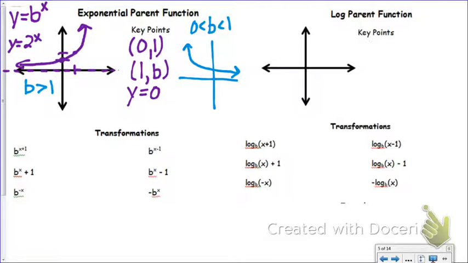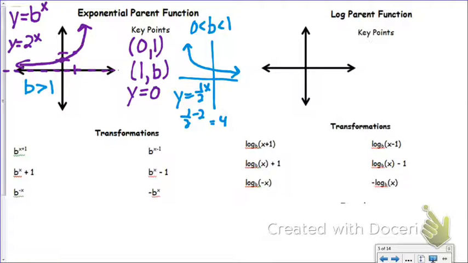If I looked at 1/2 to the x power, taking 1/2 to a negative exponent makes it a larger number. Like 1/2 to the negative 2 would give me 4, because that fraction would flip up to a positive number. And that's why my graph would look reflected. So again, that parent function is assuming your base is greater than 1.